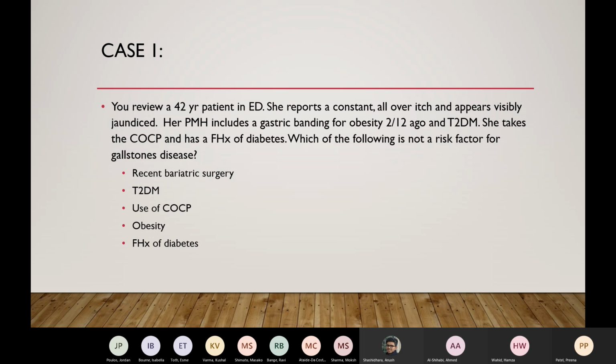So does anyone know what that means, 2 out of 12? Two months ago, yeah. I don't know if you've had a clinical documentation session, but basically if you ever read a fraction like that, the bottom number is months or weeks.